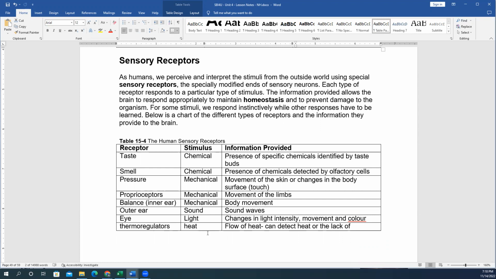These specially modified ends of our sensory neurons, each one of them is able to respond to a particular type of stimulus, and the information provided by these stimuli allows our brain to then respond appropriately to this sensation and to maintain either homeostasis or act to prevent damage to us as the organism. For some types of stimuli, we respond very instinctively, while other types of responses have to be learned.